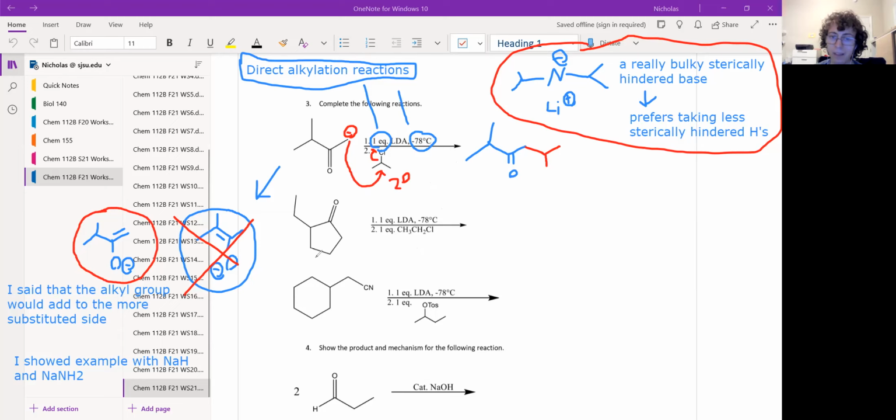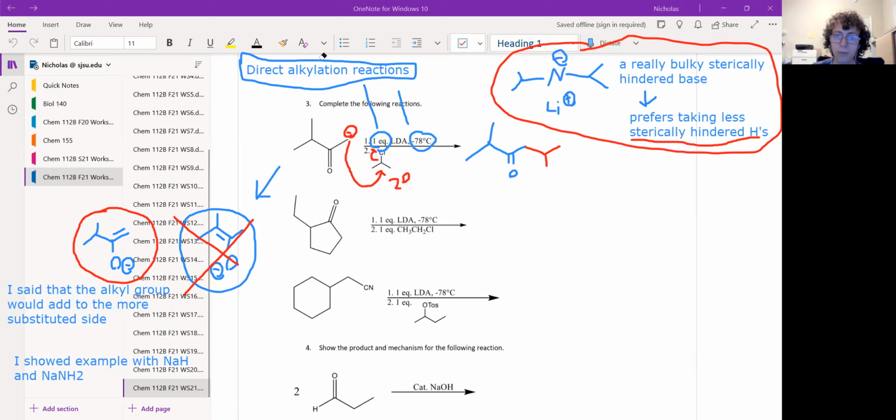Okay. The next one, we have another ketone, and we're adding one equivalent of LDA at negative 78 degrees Celsius, and then another alkyl halide. We have two possible spots the enolate could form, here or here on the right side. Again, it's going to want to form on the less hindered side because LDA prefers taking the less sterically hindered protons.